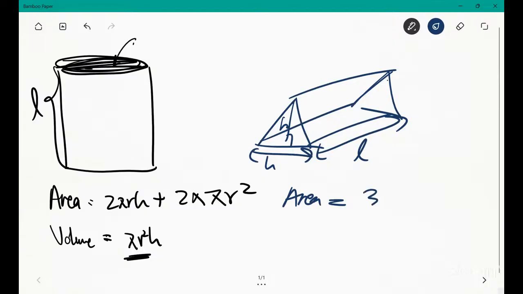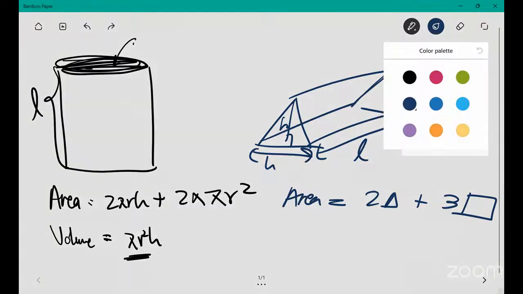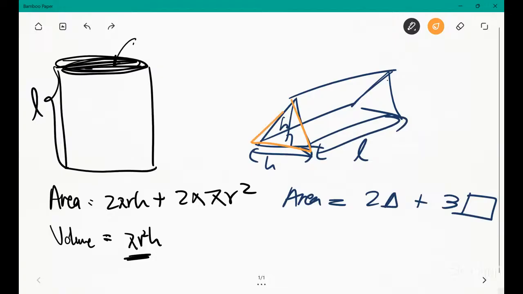So area of the two triangles plus the area of the three rectangles. So two triangles, no problem. You only have to worry about the rectangles depending on the lengths here. Okay, everyone, don't forget that.